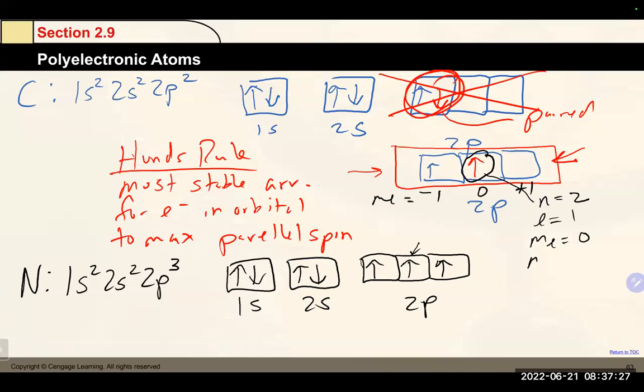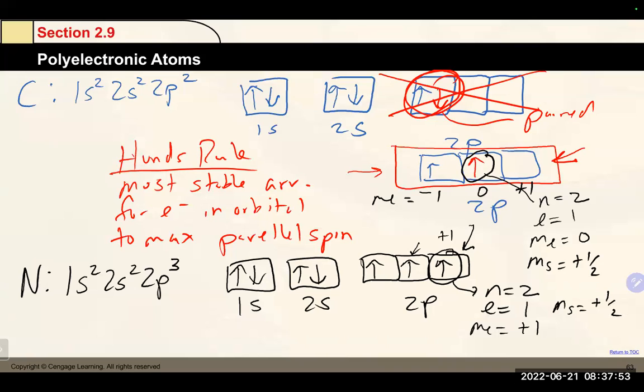And our spin again here would be +1/2. Coming down to this guy here, n once again would be 2. l would be 1 because it's a p orbital. Our m sub l tells us it's in the +1 orbital, which is what that guy is right there, +1. And our spin, again, also going +1/2 in that case.